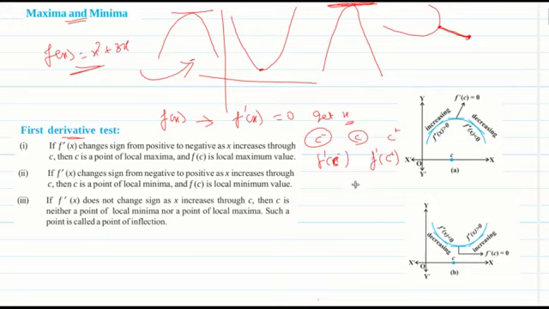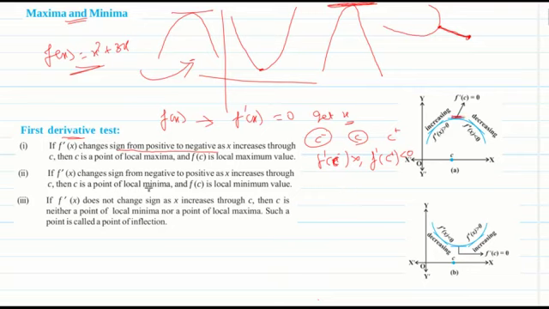If the sign of f dash of x changes from positive to negative, that means f dash of c minus is greater than 0 but f dash of c plus is lesser than 0, you know what will happen, children? The function reaches the maximum at c.